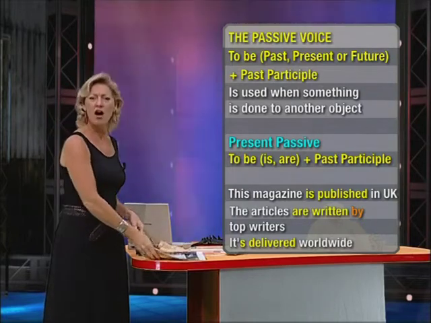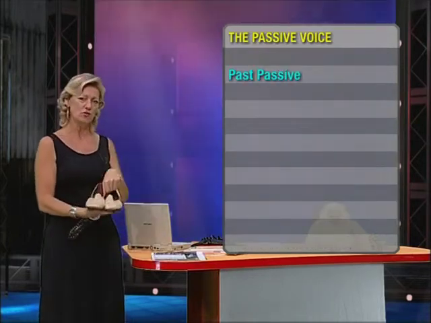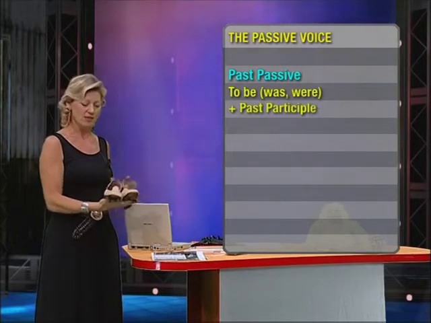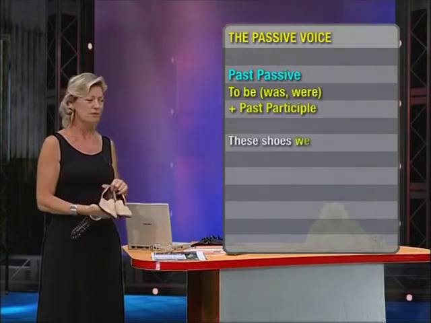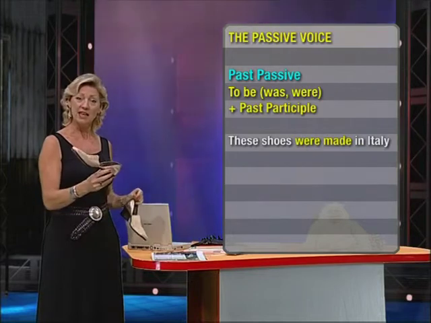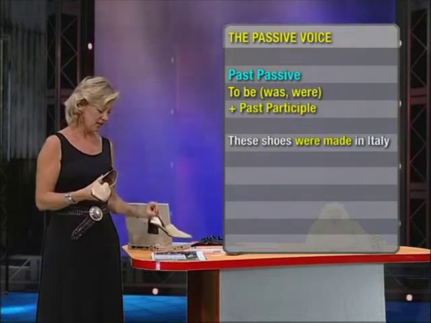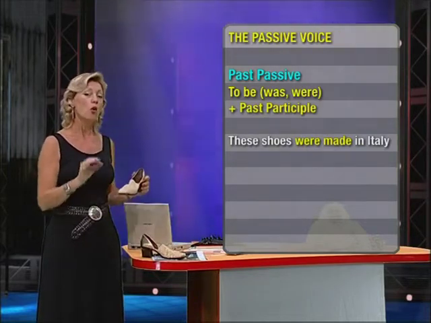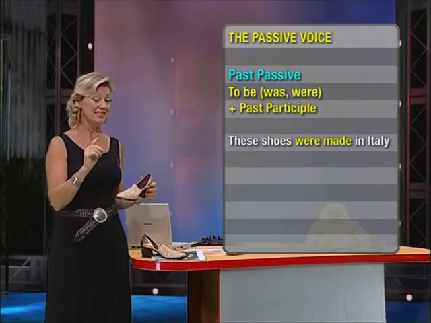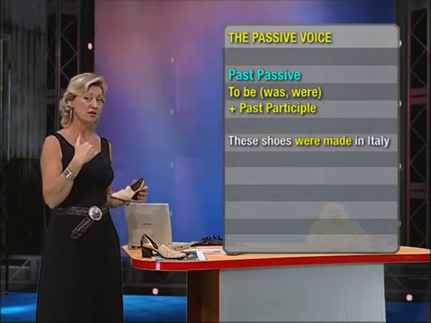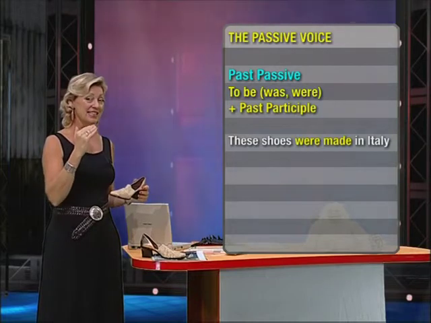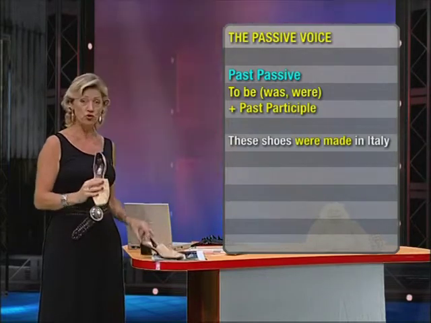Let's move on to the past tense now and take these shoes. We can say about these shoes were made in Italy, okay? These shoes were made. Notice that the verb to be is in the past and it's plural because it's two shoes.